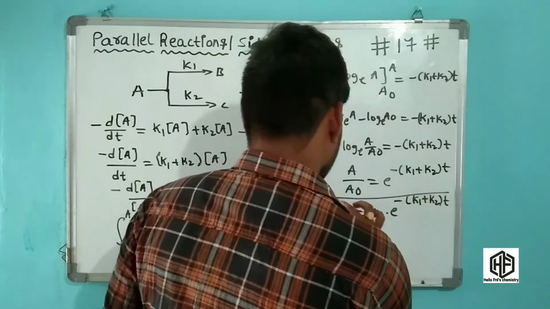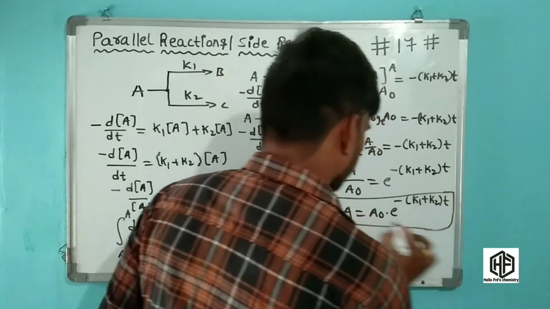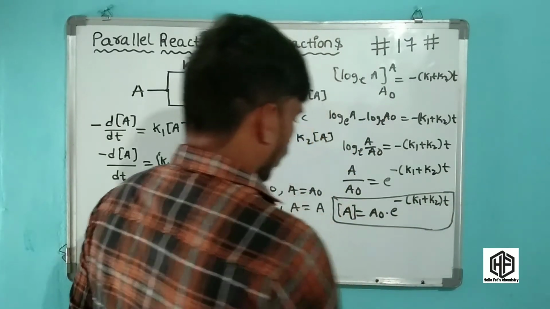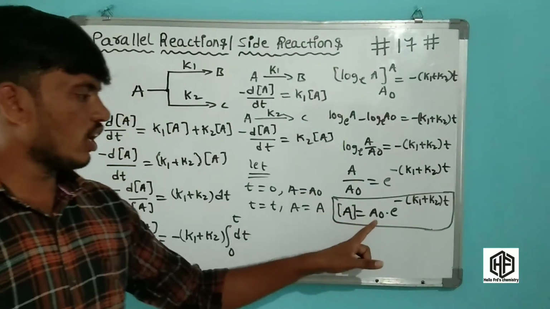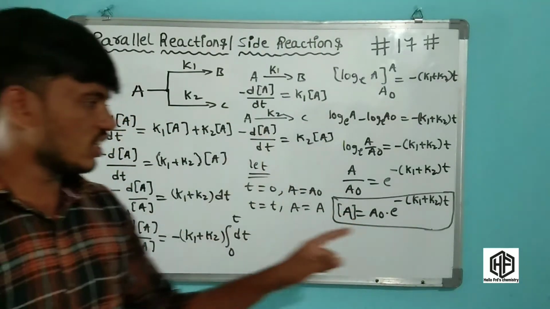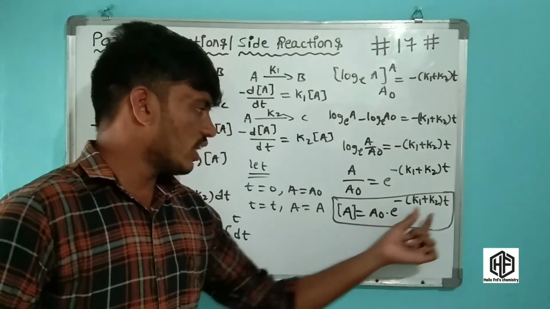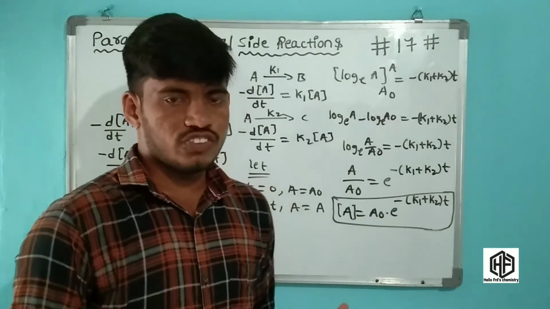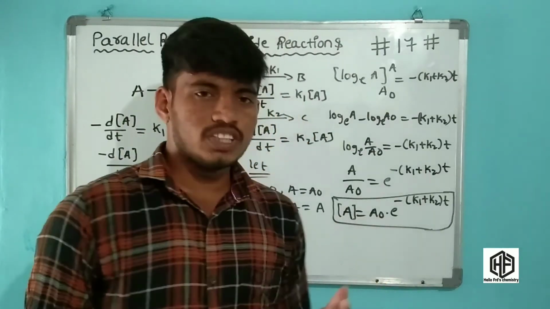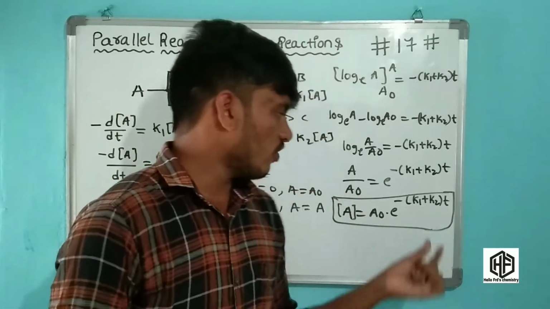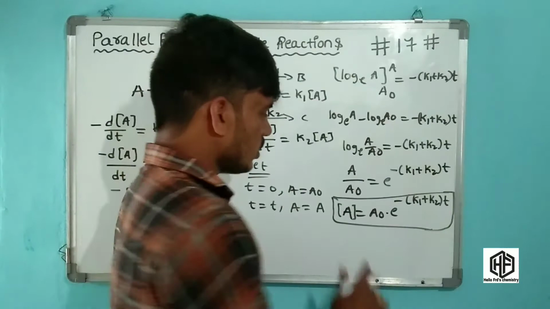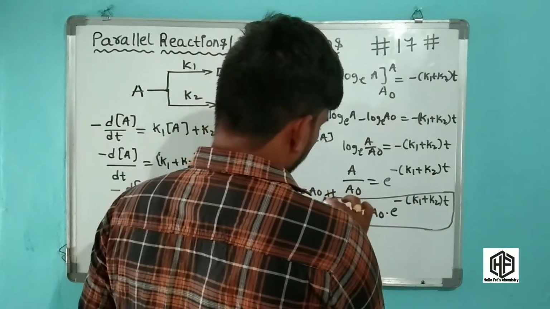This is the expression for the concentration of A, where A naught is the initial concentration. This is the expression for the change in concentration of A versus time t. Now this is one more important expression.